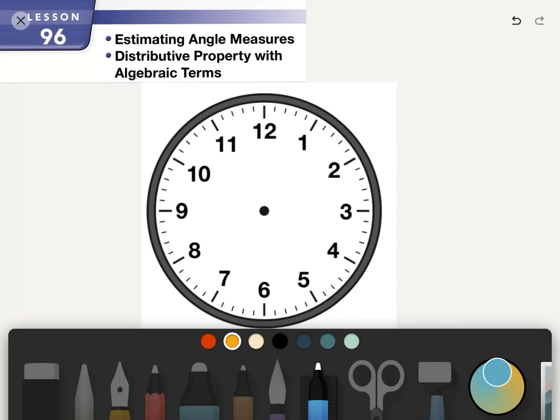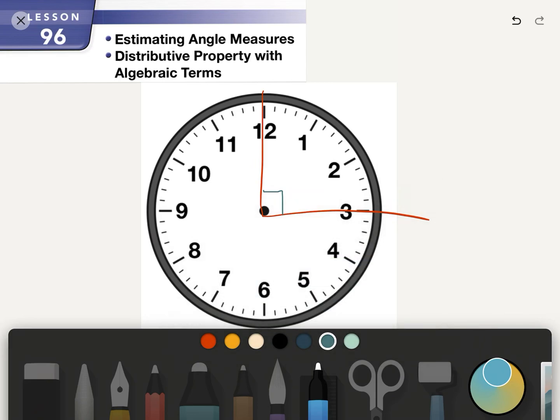All right, so starting out, estimating angle measures. And I like that they're using the clock for this because I've always liked the angles inside the clock angle. But one thing we can see just looking at the clock is that if we are at the 3 o'clock time point, we have an exactly 90-degree angle.